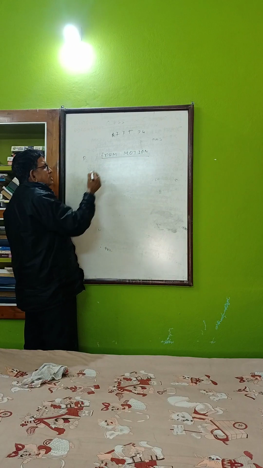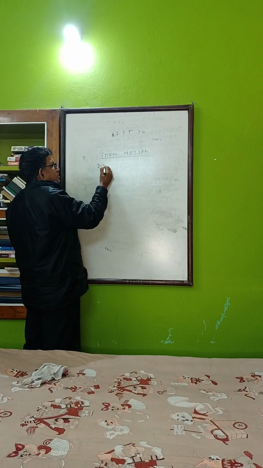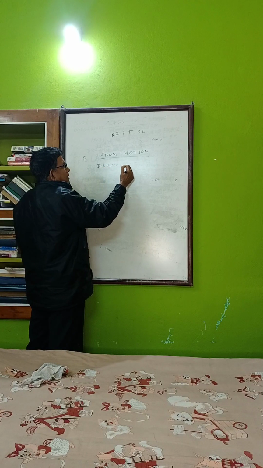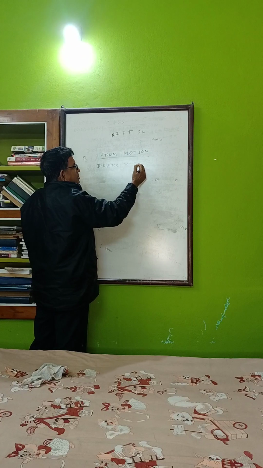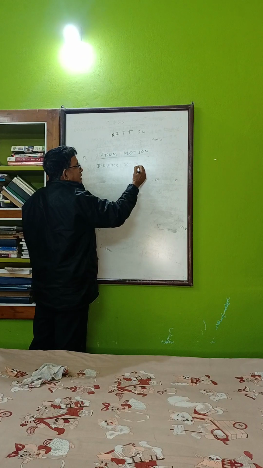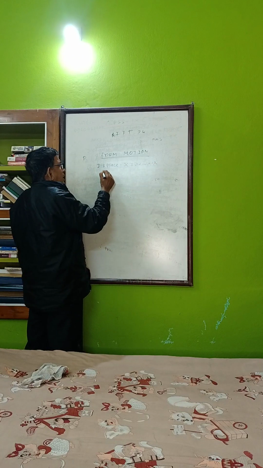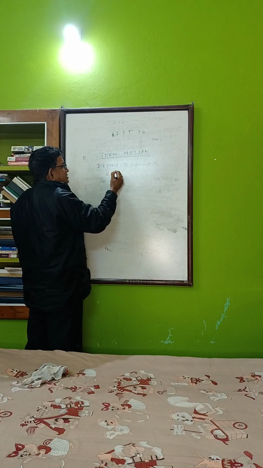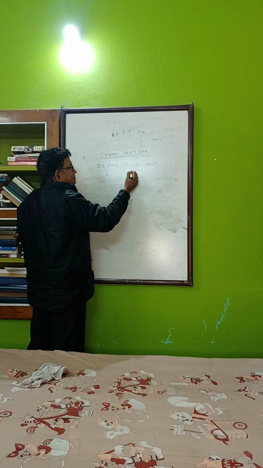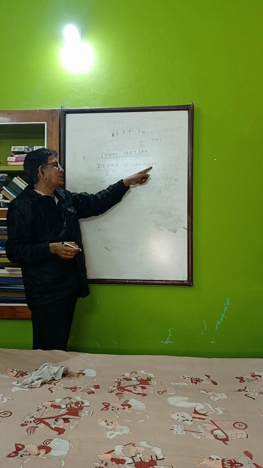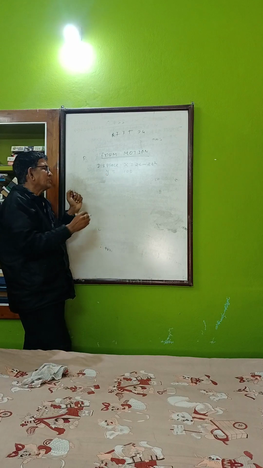Suppose displacement x equal to 2t minus 2t square, and along y direction displacement is 10t. It is clear that displacement x is a function of time, and y is a function of time.